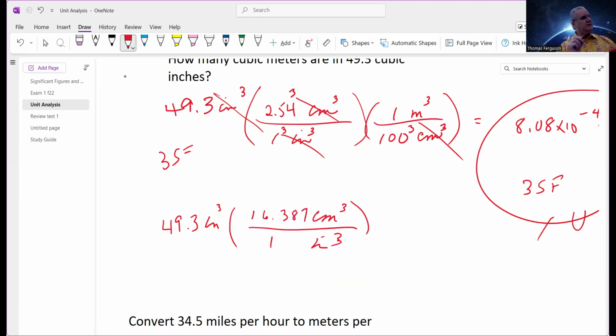And the problem by doing this, you shouldn't be rounding. You should round at the end only. Otherwise, you get rounding errors. So as many digits as you can fit in there, put in there.